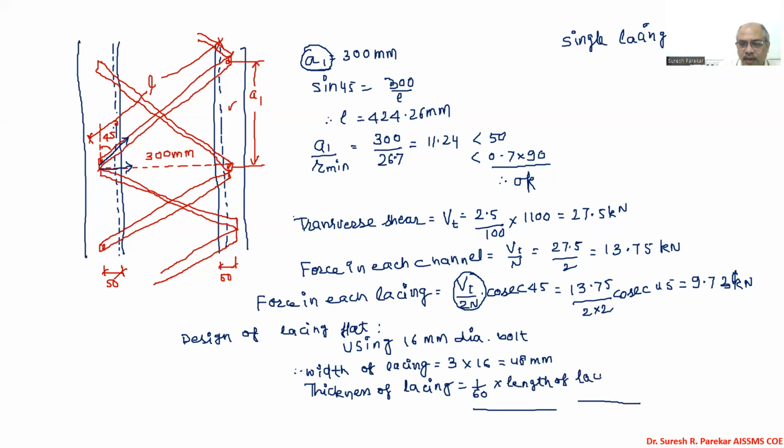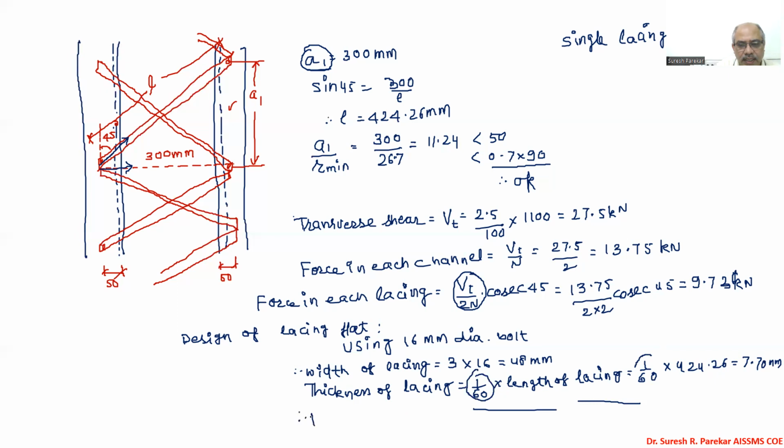Already we have calculated length of lacing, so 1 by 60 into 424.26 comes 7.70 millimeter. So we have a third change over here.